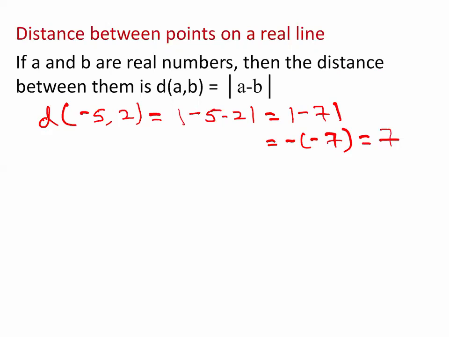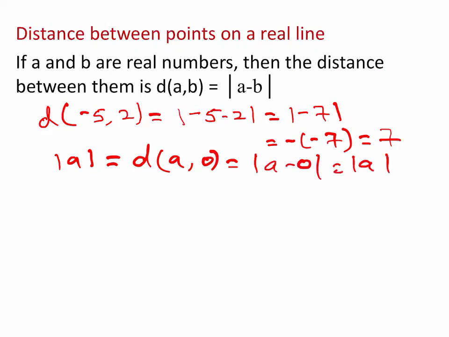You can observe that the absolute value of a real number can be denoted as the distance between two points. It is the distance between a and 0, which is a minus 0, which is nothing but the absolute value of a. We can also check one more property of the distance between two numbers.